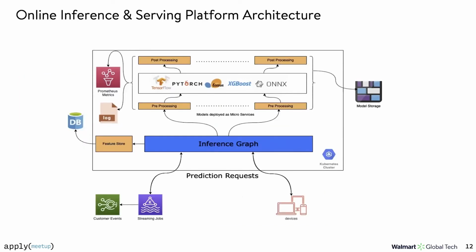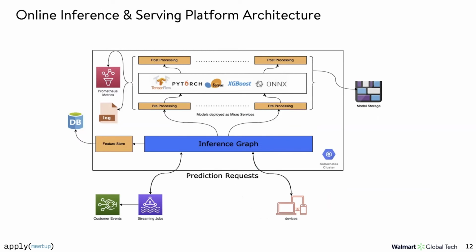Coming to the next slide, which is a detailed architecture view of our online inference and serving platform, which plays a very critical role in predicting the intent of the customer at any given session, what a customer is doing.